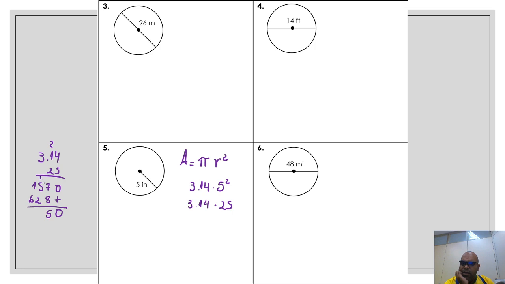Carry 1. 5 plus 2, 7. Plus 1, 8. And 1 plus 6 is 7. How many decimal places? 2. 78.5 what? Inches. Great. 78.5 inches. Great, guys. Very easy.